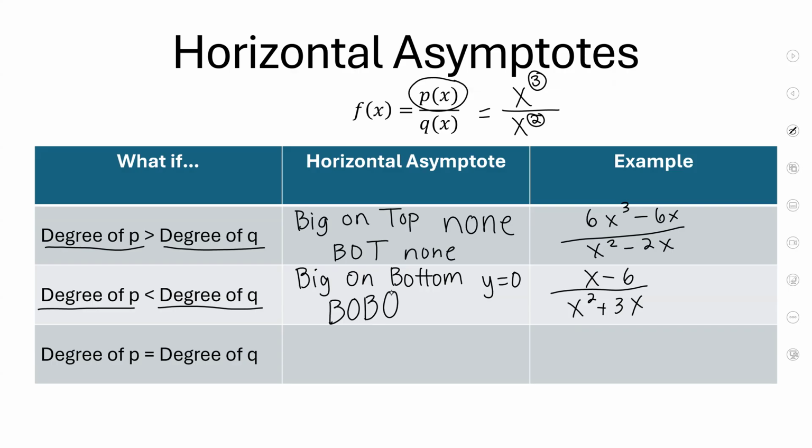Okay, next. If your degrees are the same, the exponents are the same. Write that down. If the exponents are the same, you are going to divide the coefficients.